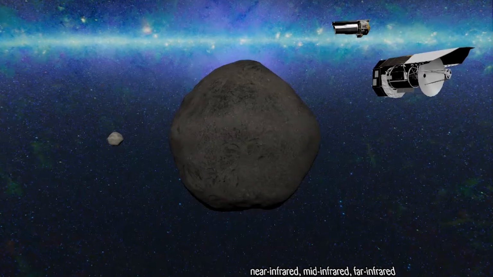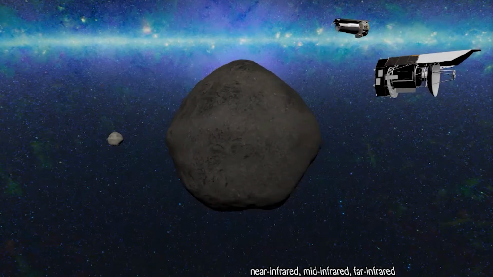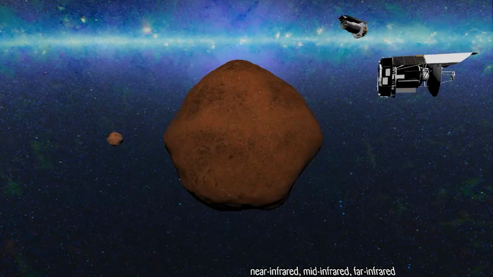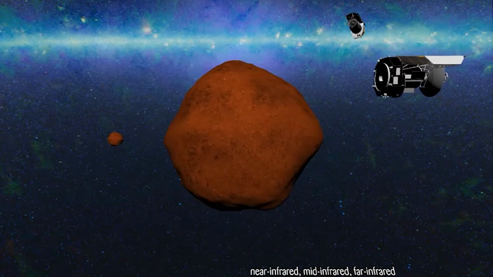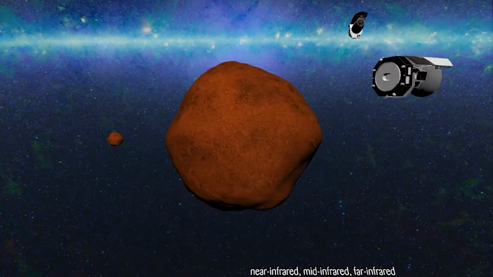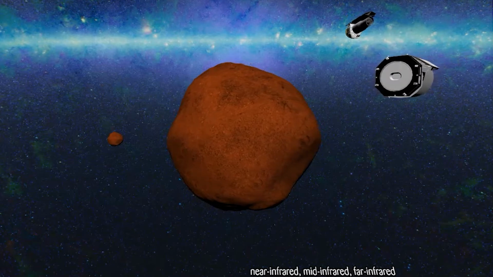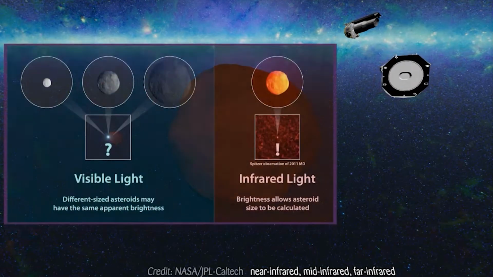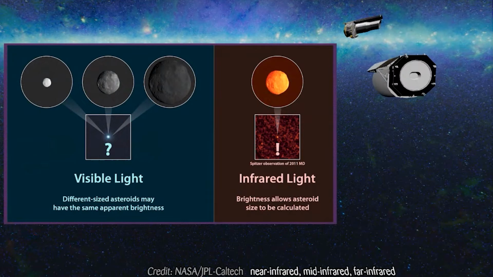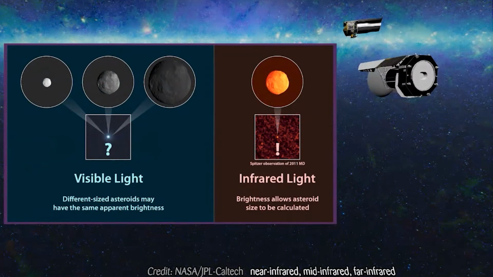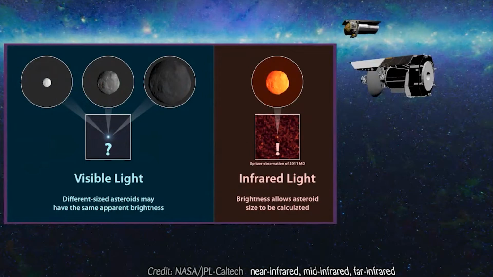But you're probably most familiar with infrared light as thermal energy or heat. So infrared light from things like asteroids is light that it absorbs and emits again as heat. So asteroids can't lie to infrared telescopes. In infrared astronomy, we can tell directly how big these objects are.